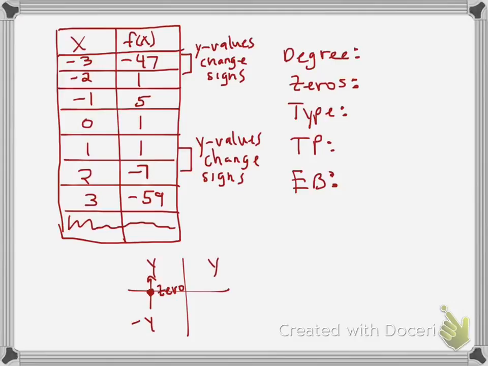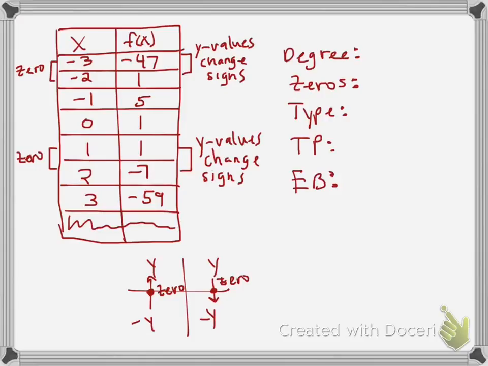Or if I went from a positive to a negative y value, I went down, I have to pass through 0. That's how numbers work. Negatives to positives, you're passing through 0. Positives to negatives, you're passing through 0. So that means right in between negative 3 and negative 2 is a 0. And in between 1 and 2, there is another 0.